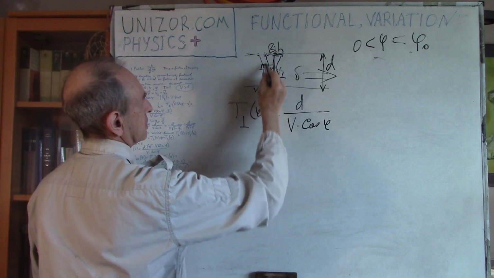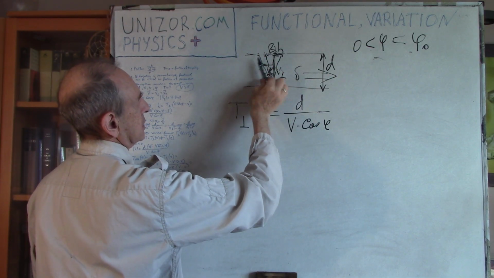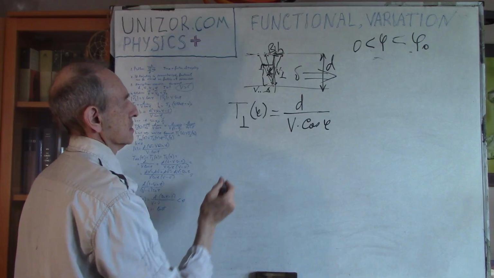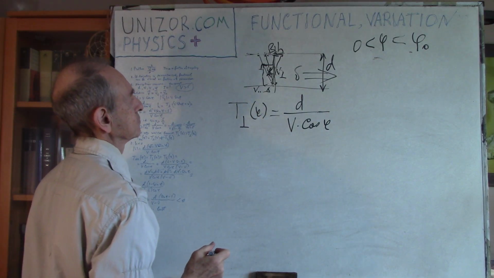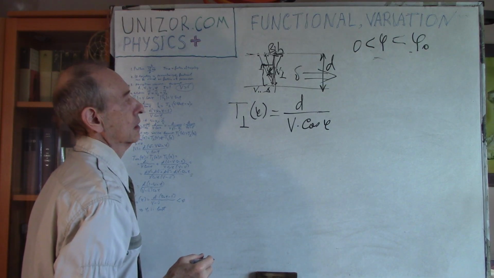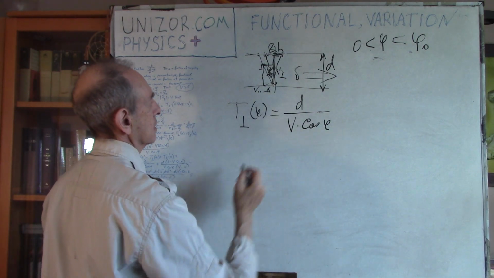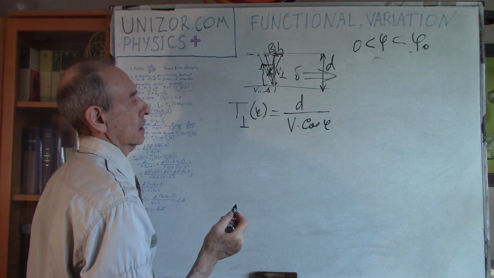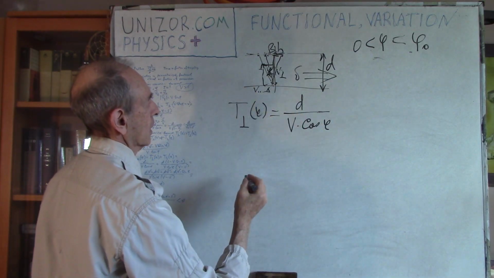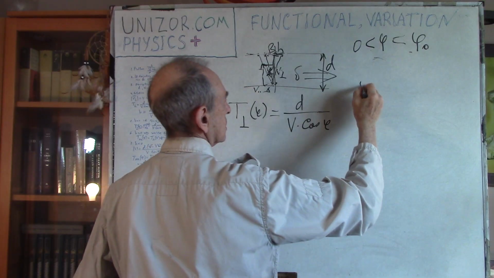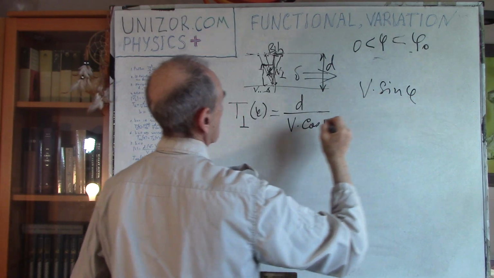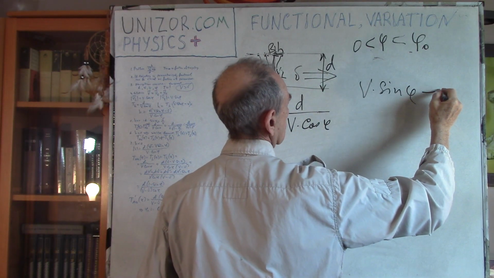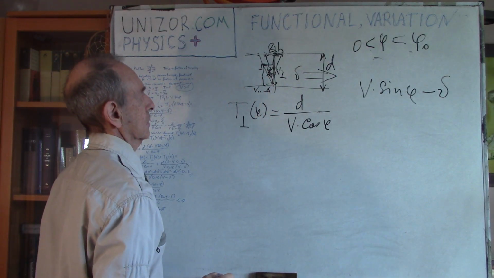If this is your vector of speed, always constant, then your component which goes across the river would be this. So this is your timing. Now, while you are traveling during this time, what happens with your horizontal movement? You move to the left with the speed v times sine phi, but the current moves you to the right, so you have to subtract this.